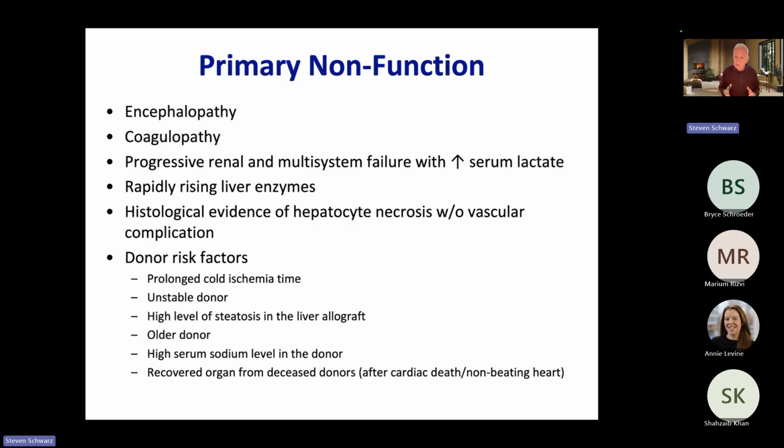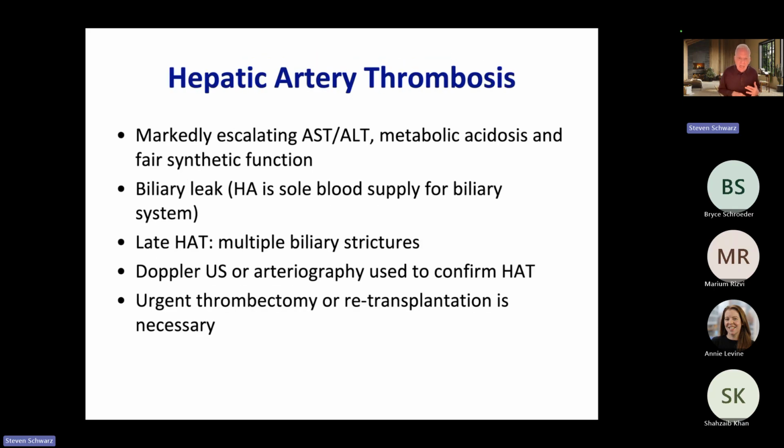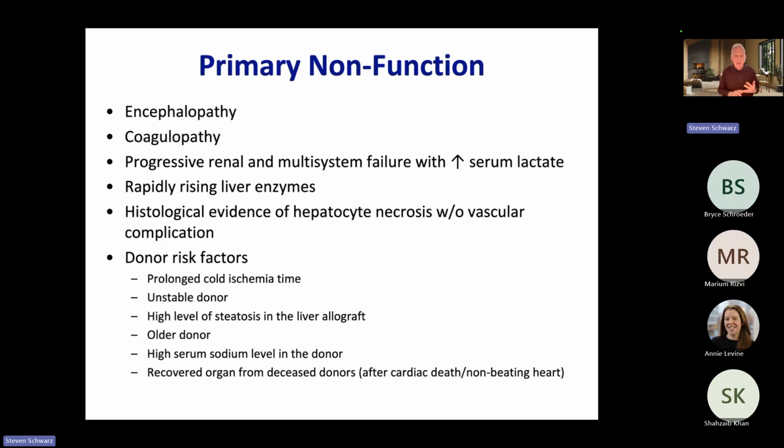There are risk factors in the donor that are more commonly associated with primary non-function. Prolonged cold ischemia time, the donor, him or herself, being unstable. This is a living donor, of course. A high level of steatosis in the allograft, an older donor, a high serum sodium level in the donor, which suggests some problems with organ function.